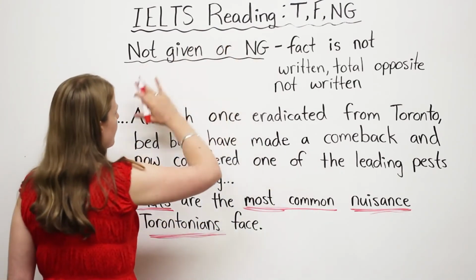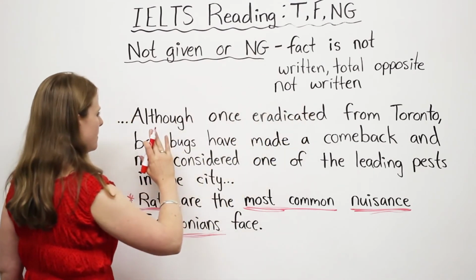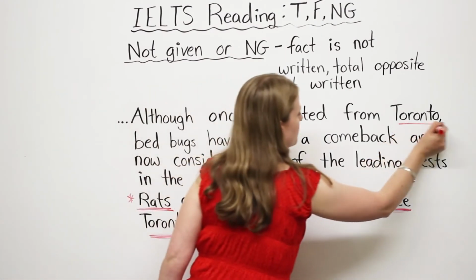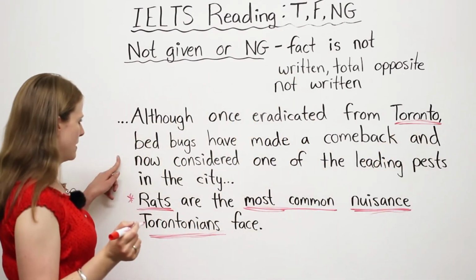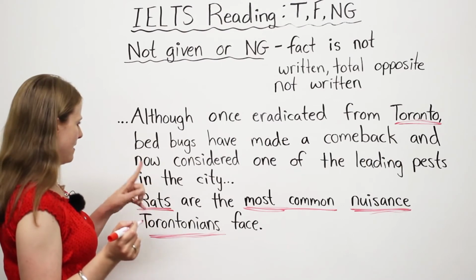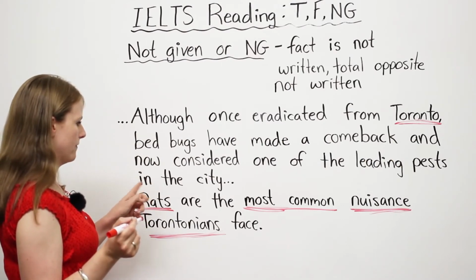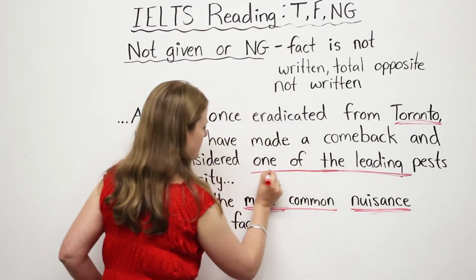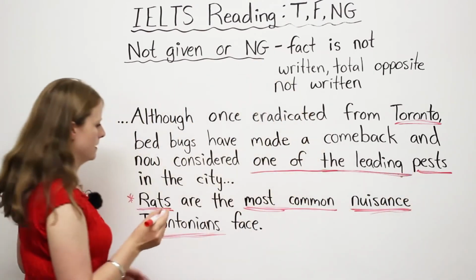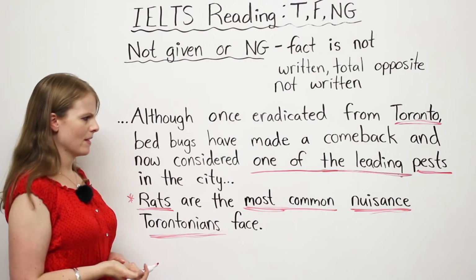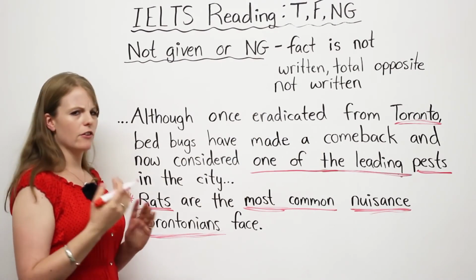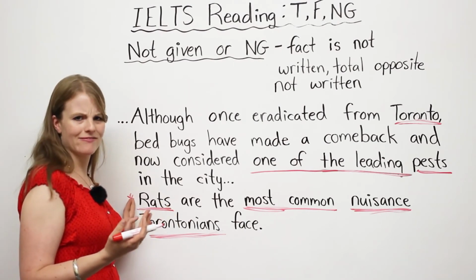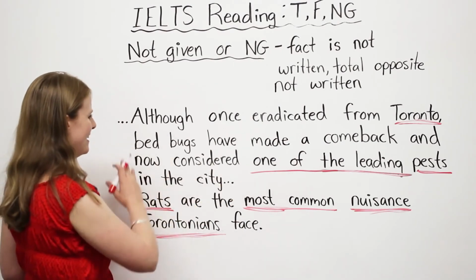So I'm going to scan, scan, scan, scan. Although once eradicated from Toronto, okay, so see the word Toronto. Bed bugs have made a comeback and are now considered one of the leading pests in the city. Okay, so this talks about bed bugs. This talks about rats. I don't see anything here about rats.